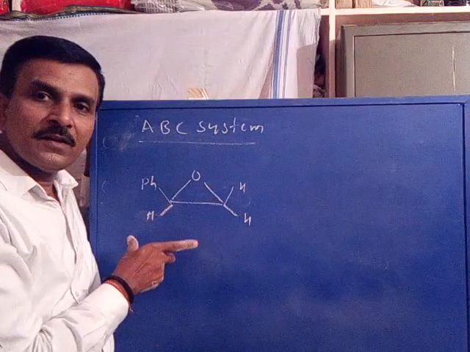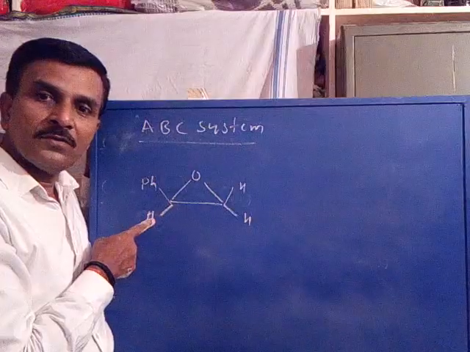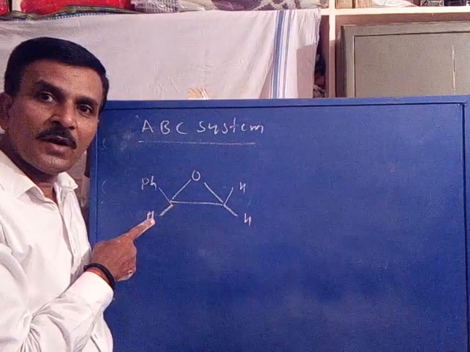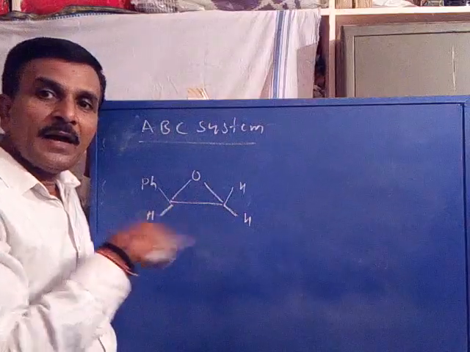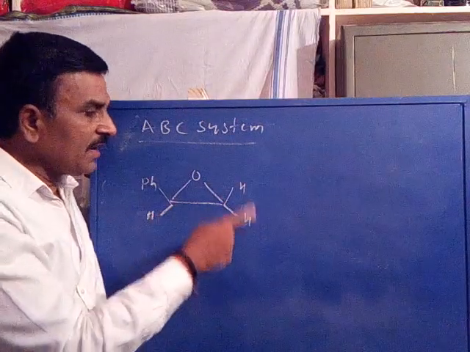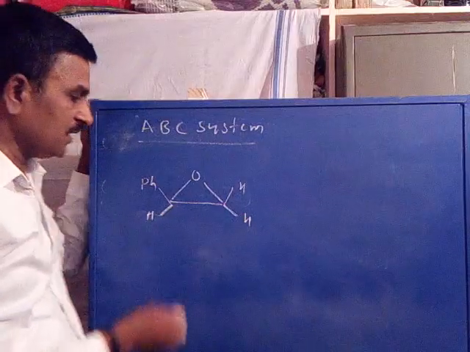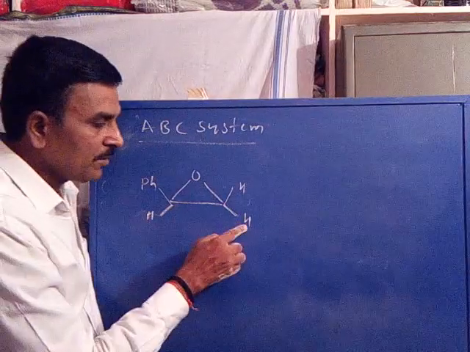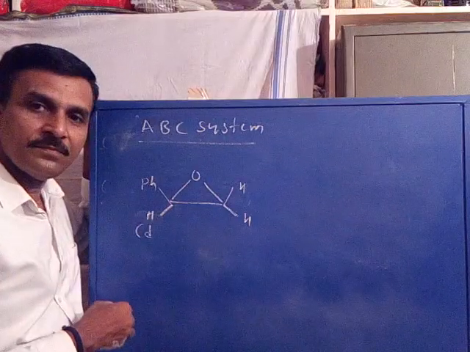So this is the molecule consisting of three non-equivalent protons with one proton in each, and they are coupled. When these three are non-equivalent, they are coupled with each other. This proton coupled with this proton appears as a doublet first.